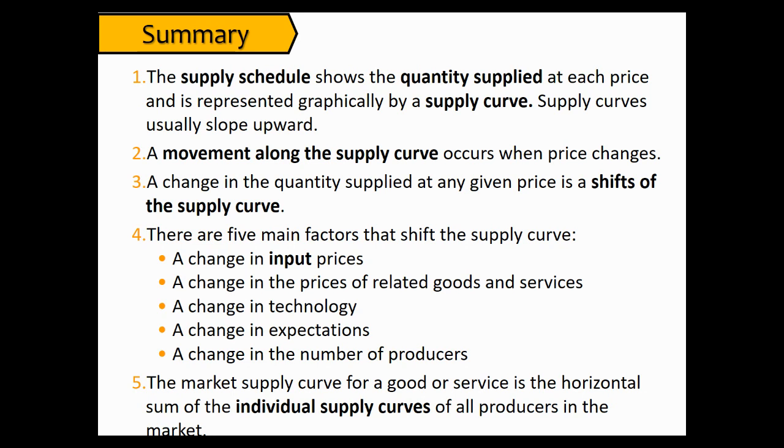And remember, we can take individual companies' supply curves and add them to other individual companies' supply curves, and we get the market supply curve. So once again, the market supply curve is adding up all the individual firms' supply curves.